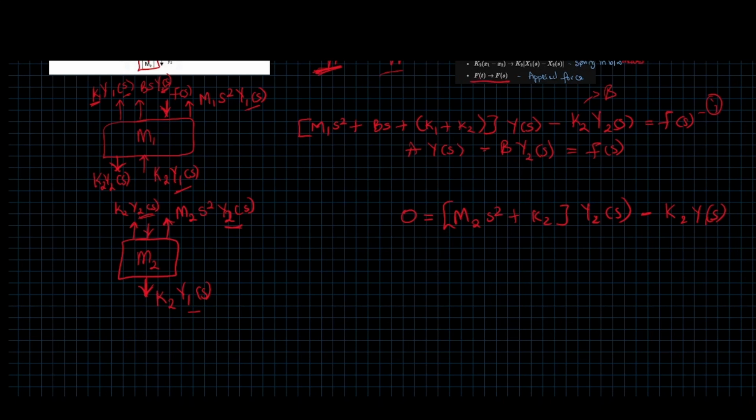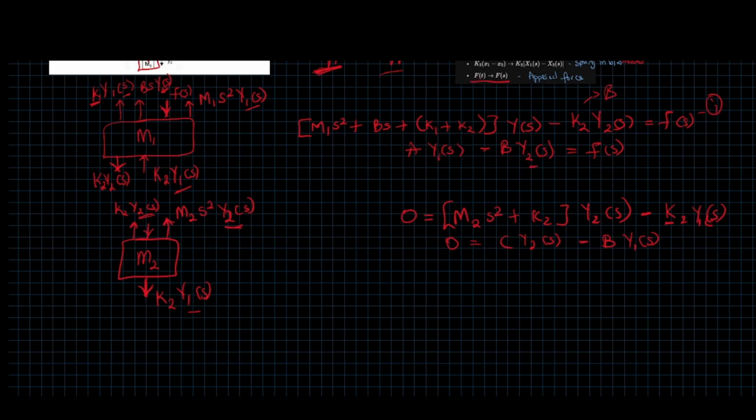Now again, I'm going to assign this to become C. So 0 equals C Y2(S) minus B Y1(S). So that's equation two.